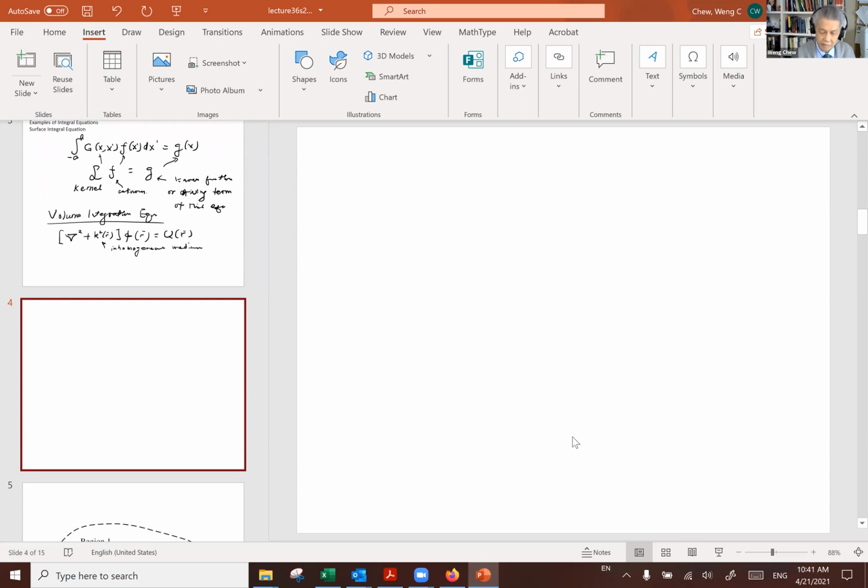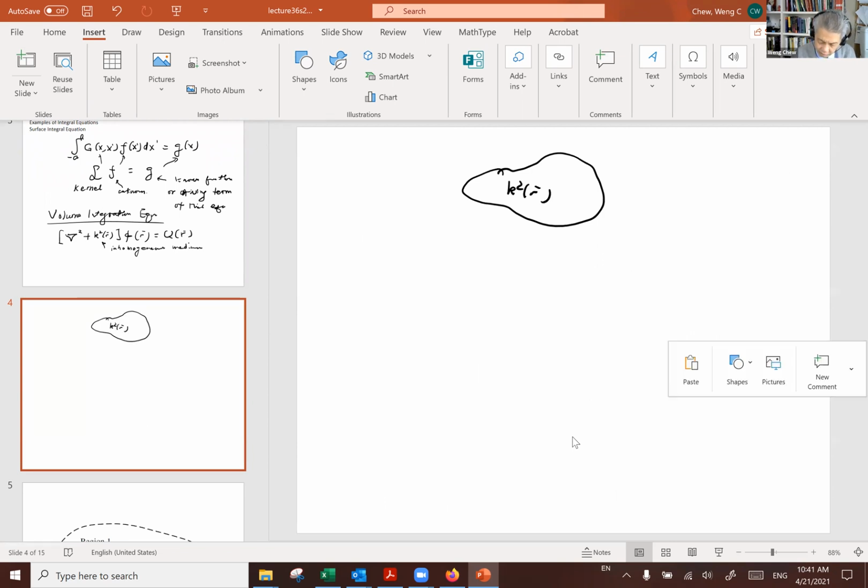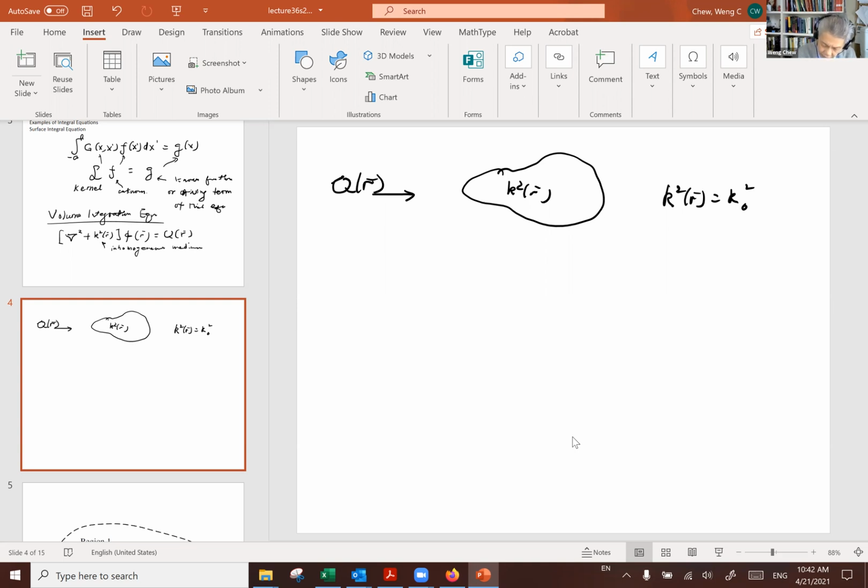The way to do that is actually to assume that you have a scattering problem where k squared r is inhomogeneous inside the scatterer, but k squared r is equal to k naught squared outside the scatterer. And that if you have a source q of r over here, and it generates an incident wave. And then the incident wave will impinge on the scatterer and give rise to a scattered wave.